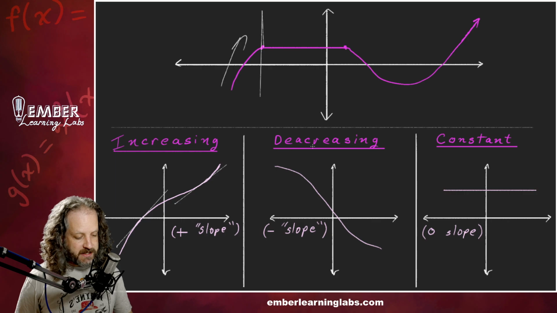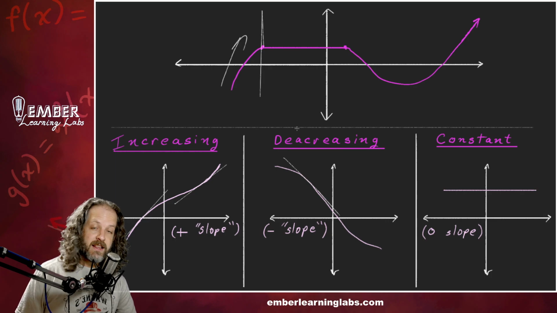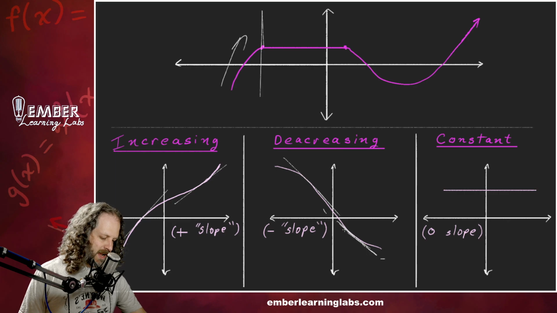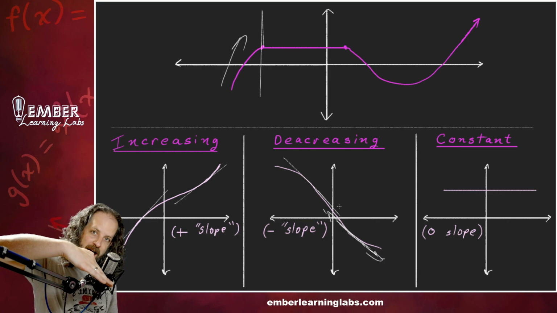Or it can be decreasing, right? So that's the same idea. But if we had a negative slope, something like that, if we were to draw a tangent line, probably better off just drawing by hand-ish, right? So if we were to draw a tangent line connected to any point here, it would be going down and to the right.